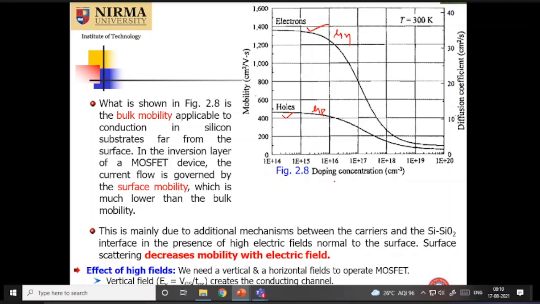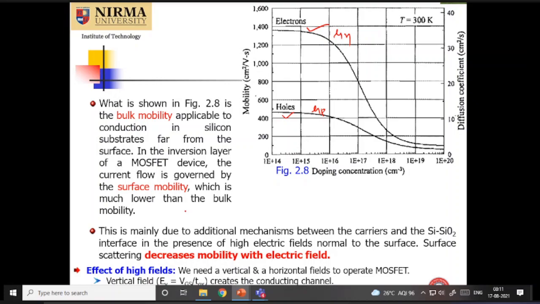Here in this plot, doping concentration has been varied, or rather increased, from 10 to the 14 to 10 to the 20, and how the mobility is decreasing is shown. Once doping concentration is increased, the impurity scattering becomes dominant, and due to frequent scattering in the channel, the carrier moves slowly. Okay, so mobility is decreased.